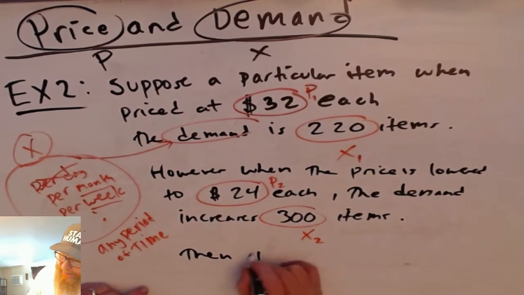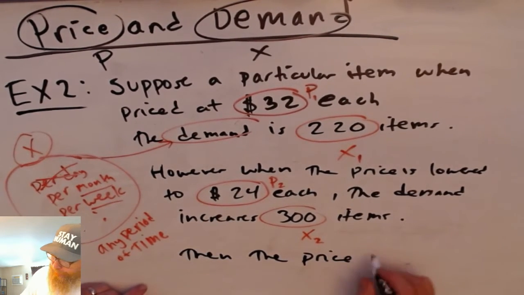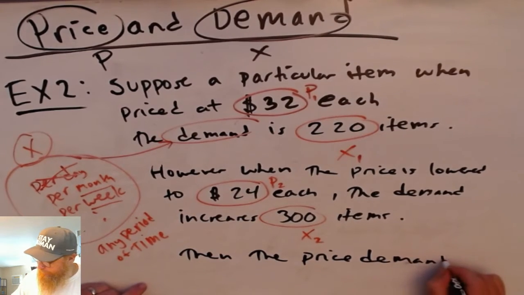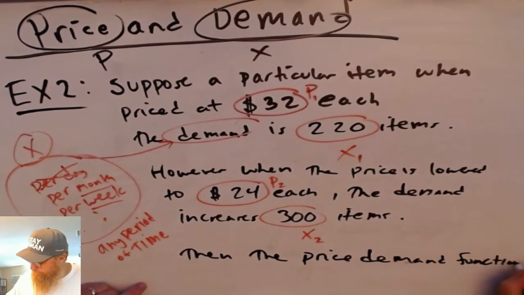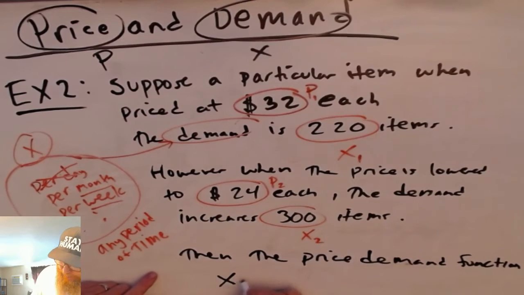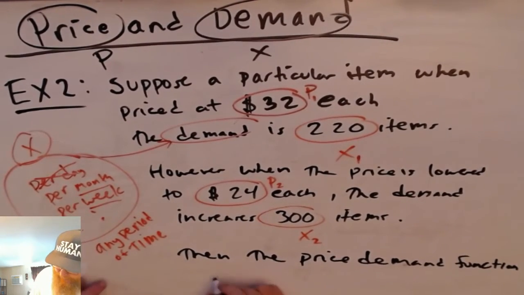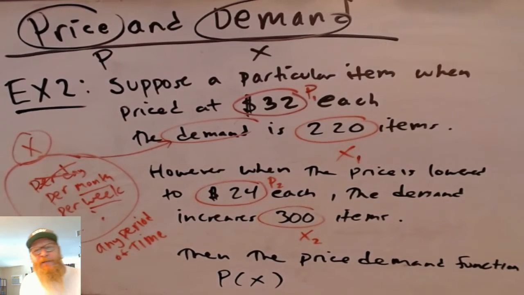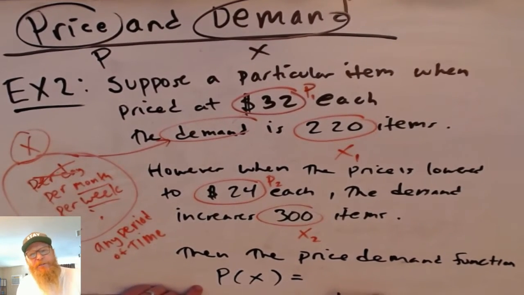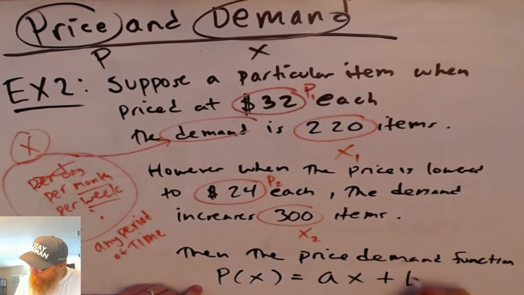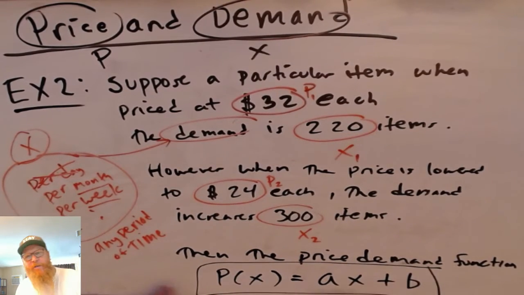Then the price demand function P(X) is equal to AX plus B. We call this the price demand function.